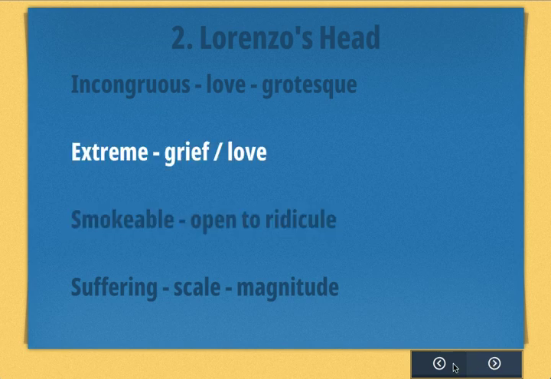But perhaps Keats is trying to show us the extreme ways that people behave, and that idea that grief and love and suffering are all quite tightly woven and knit together, and that Keats is exploring those ideas, and perhaps exploring that idea that love in itself and the feelings that people can have when in love are akin to a kind of madness, and that's an idea that's looked at in literature time and time again, really.